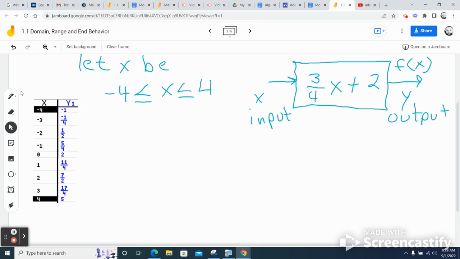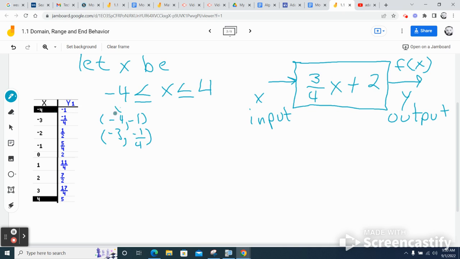Are you guys ready to graph it? Okay. So I'm going to take my time on this. What this is saying is that these points, -4, -1, exist on the graph. That -3, -1/4 exist on the graph, right?